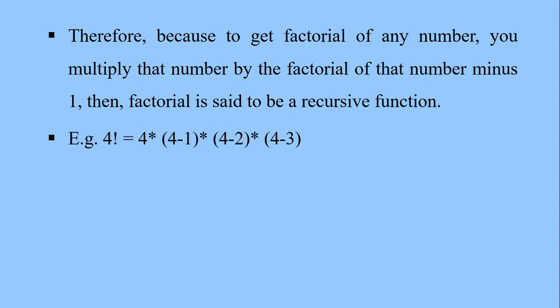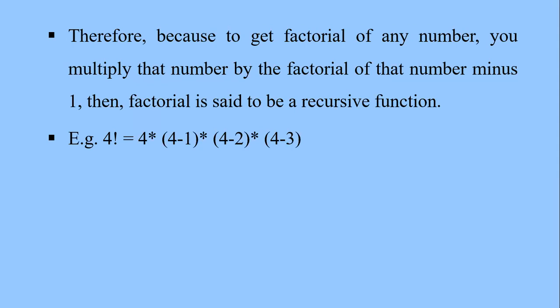For example, if you want to compute the factorial of 4, it is simply 4 times 4 minus 1 factorial. That is 4 times 3 factorial. But what is 3 factorial? 3 factorial is the same as saying 3 times 2 factorial.